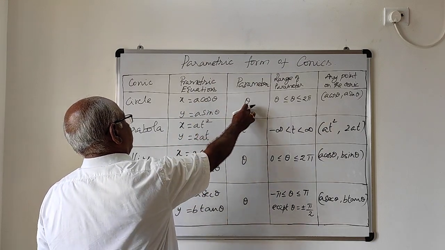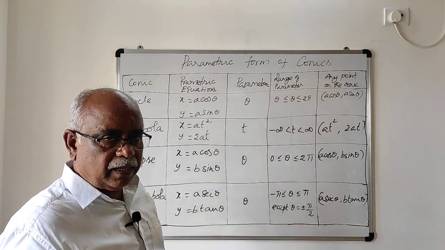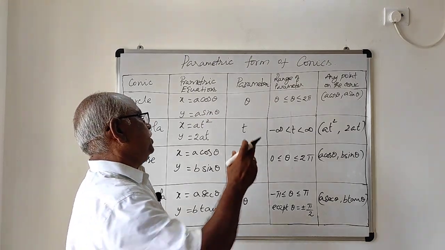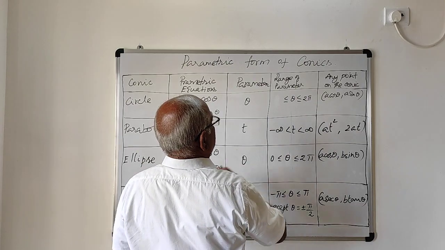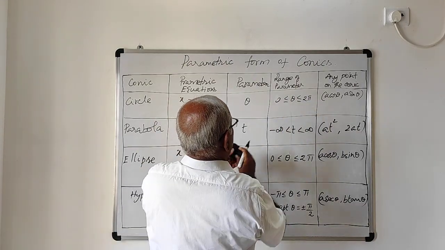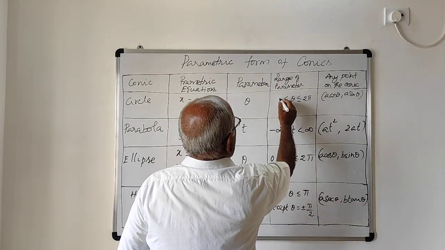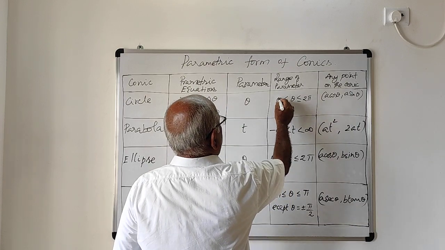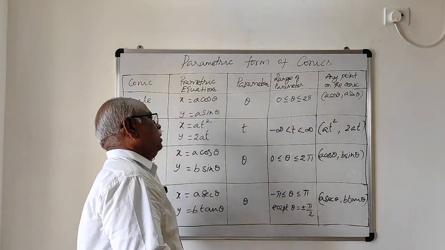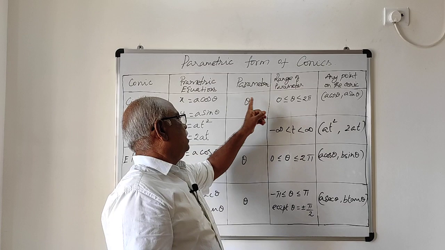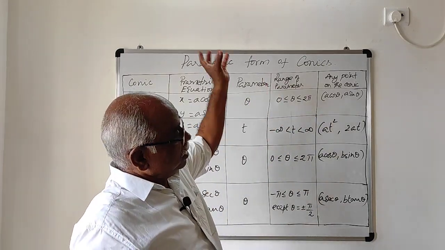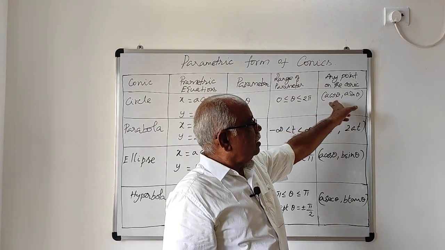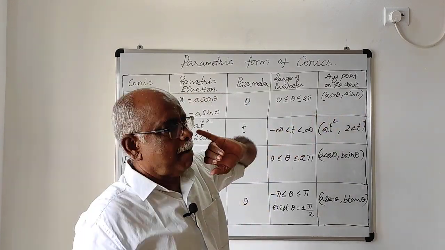The parameter is theta, and that parameter lies between 0 to 360 degrees, that is 0 to 2 pi. The parameter theta takes the values from 0 to 2 pi. Any point on the circle is (a cos theta, a sin theta).